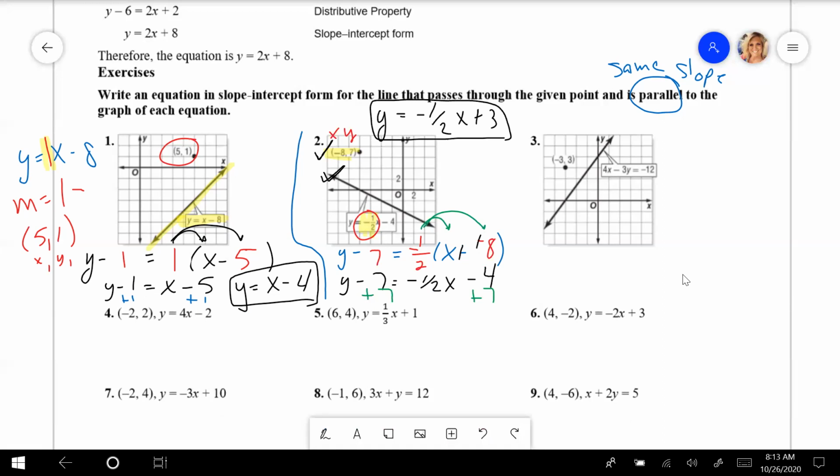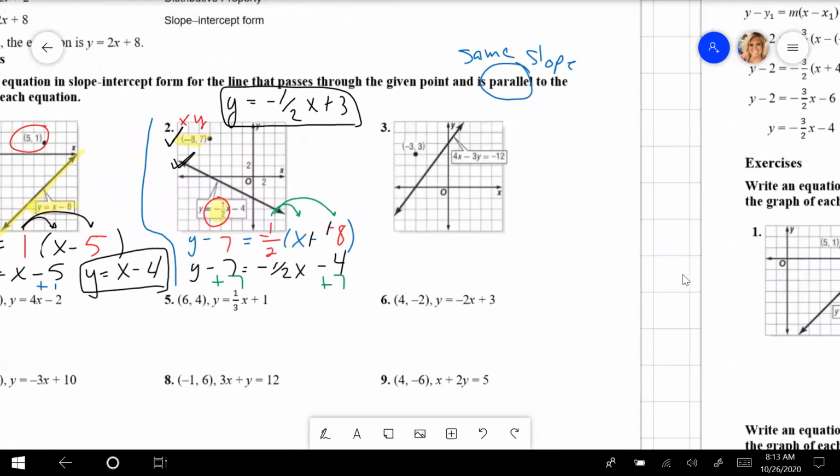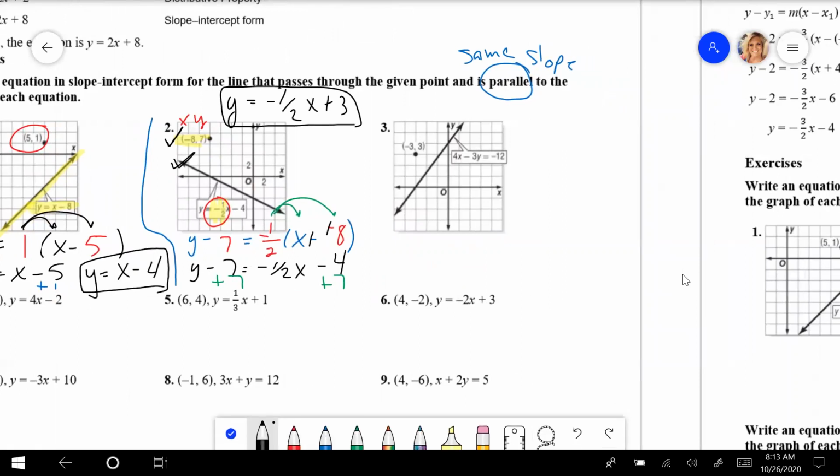All right, I'm going to move my paper over a little bit so that we have a little more room on number 3. Number 3, we have a few more steps because if you look, this is written in standard form. We need the slope and we need the point. So I need the slope so that I can find the parallel slope. So I'm going to have to put this one in slope-intercept.